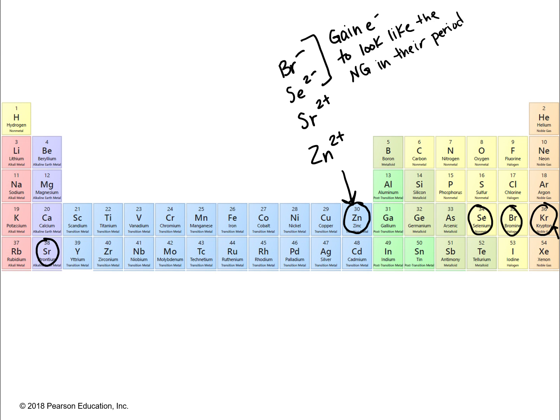So selenium gains 2 electrons and it's going to look like krypton. Bromine gains 1 electron. It's going to look like krypton.